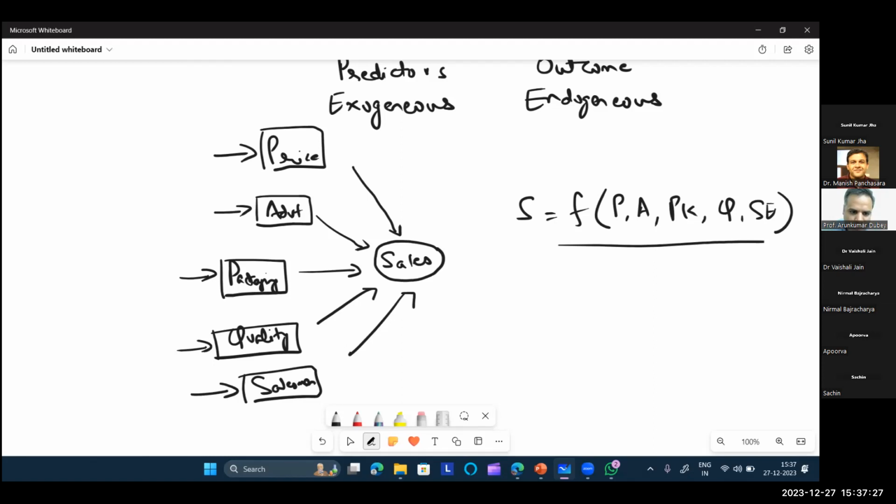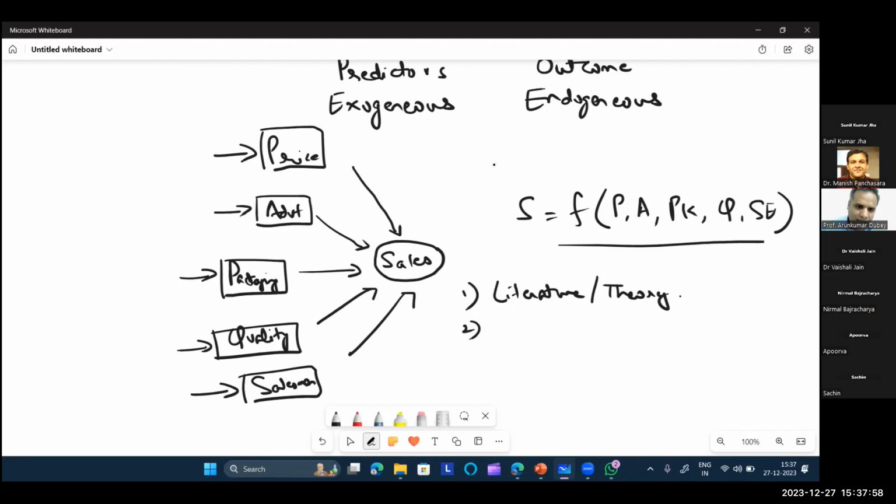Let's say you want to build a model. Literature review. Literature is the classic source; you build a model by reading literature. Or you see established theories, what sales theory says, how sales can be increased, or what the antecedents to sales are. Sales is your outcome variable, your dependent variable.